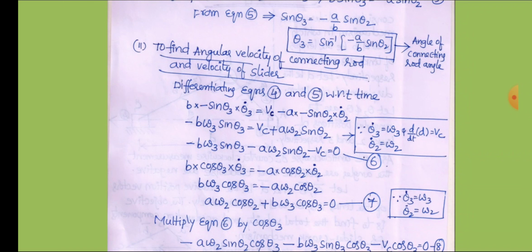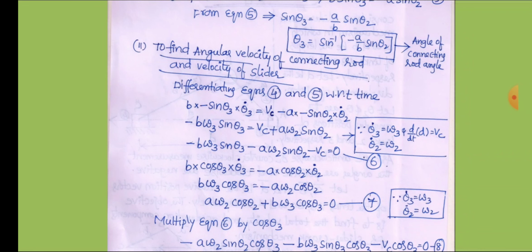Similarly, take equation 5 and differentiate it. B as it is into sin theta 3. Differentiation of sin theta is cos theta, which is plus. So sin theta 3 means cos theta 3 into d by dt of theta 3, which is theta 3 dash.